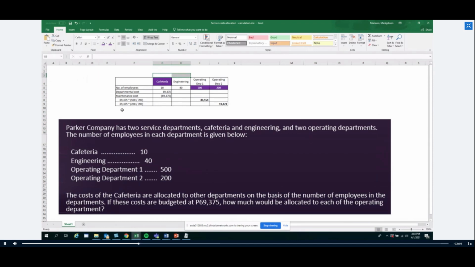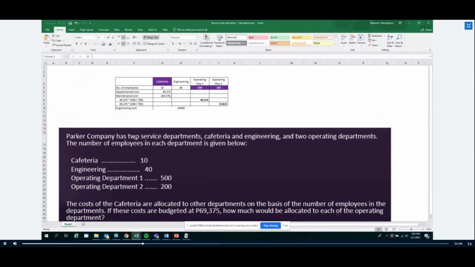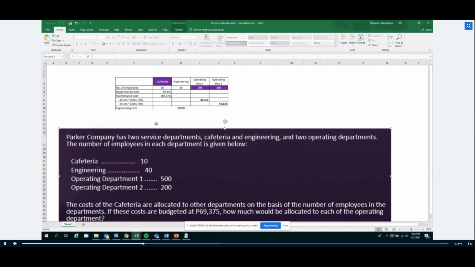Let's just assume that the total engineering cost is, let's say, 95,000. Now you have to allocate this based on the number of employees also.